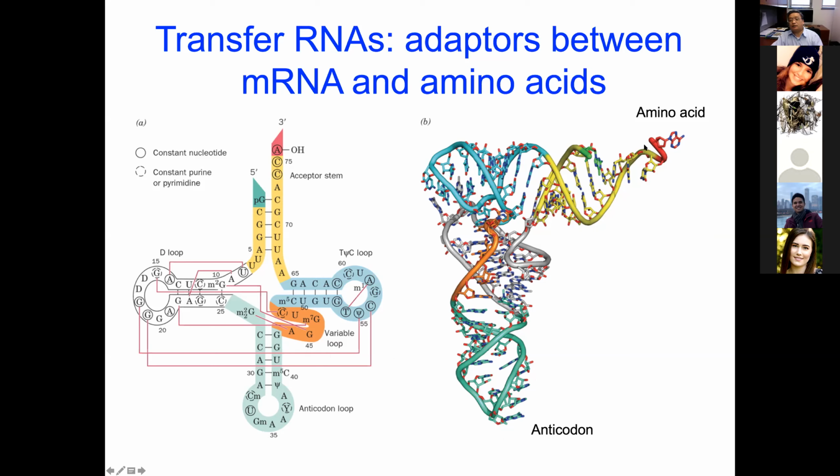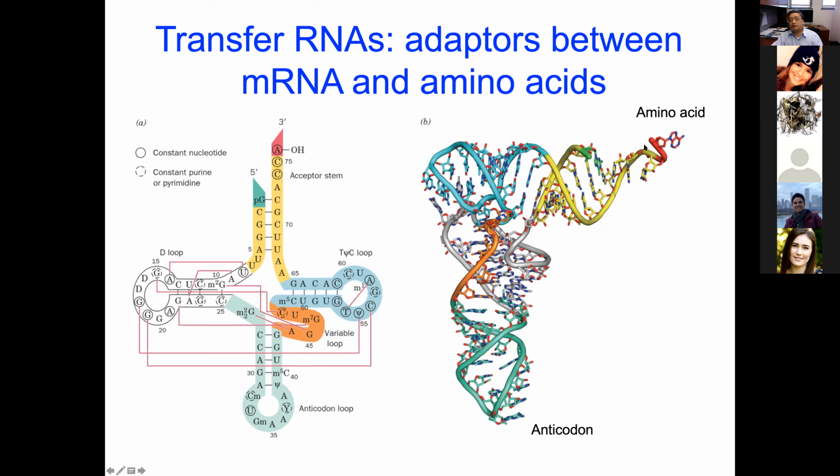We know there are 64 possible combinations in the genetic code. Only 3 of them code for stop codons. All the others code for amino acids. But in our cells, we don't have that many tRNAs to carry out translation, because some of the tRNAs can recognize multiple codons on the messenger RNA.